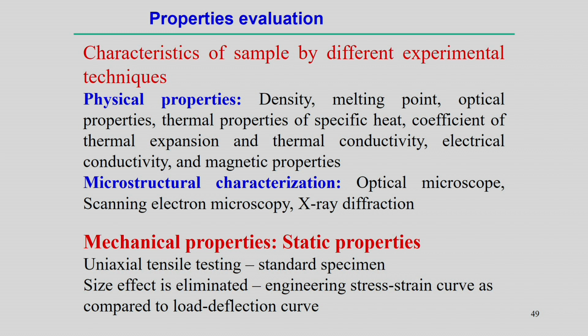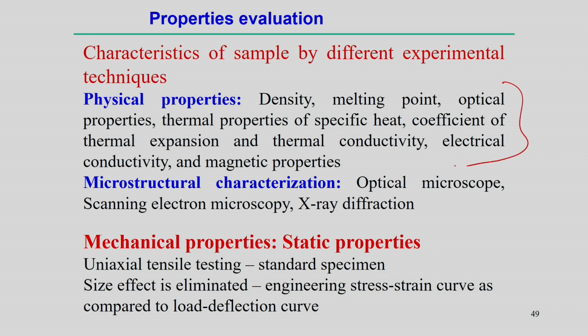We can evaluate the physical properties, for example density, melting point, optical properties, and thermal properties like specific heat, coefficient of heat transfer, thermal expansion, conductivity, electrical conductivity, and magnetic properties. These all are the physical properties.